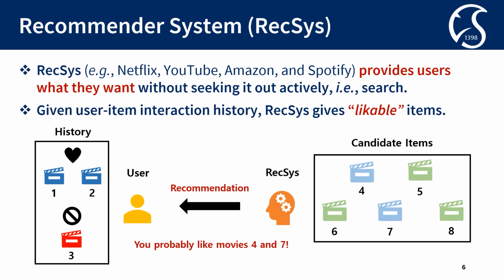Unlike search, where you actively look for what you want, a recommender system provides what you want. If a user likes films 1 and 2 but dislikes film 3, the recommender system will suggest likable films based on the user history.